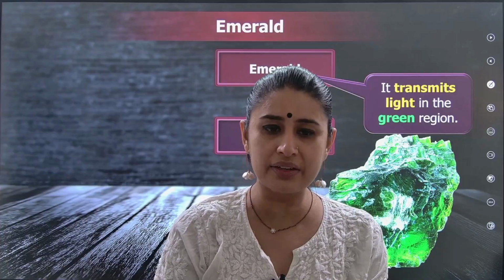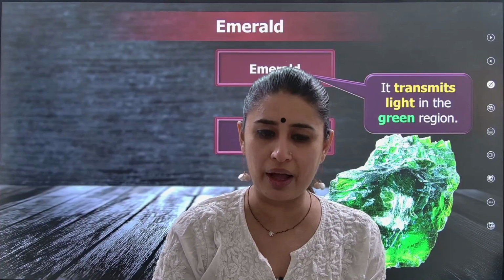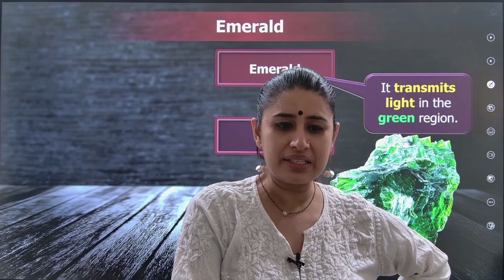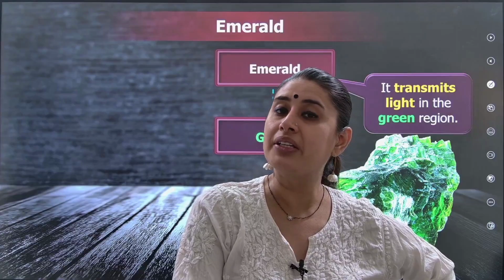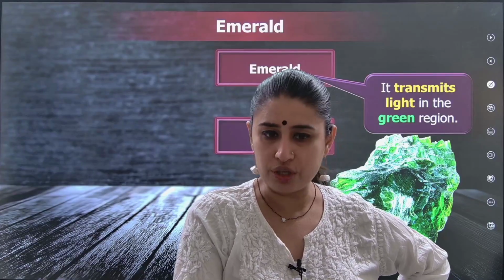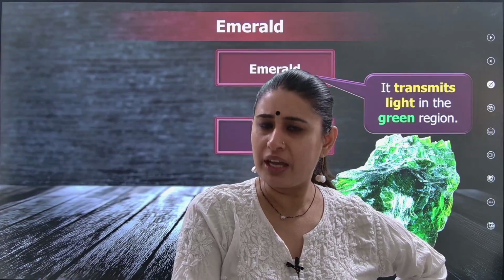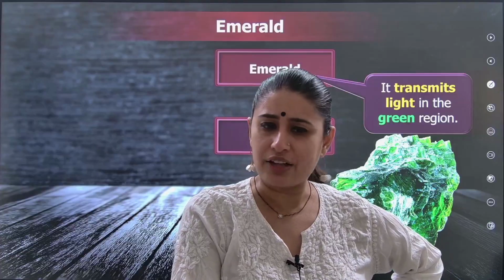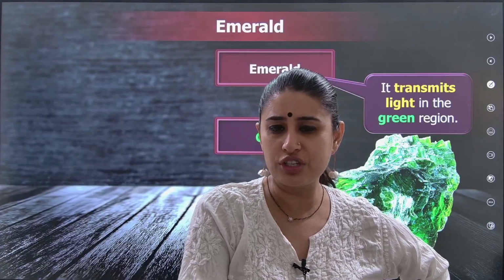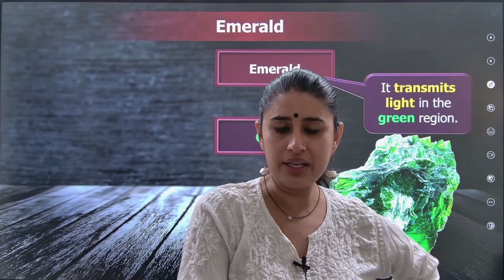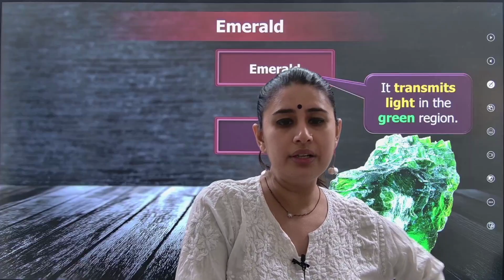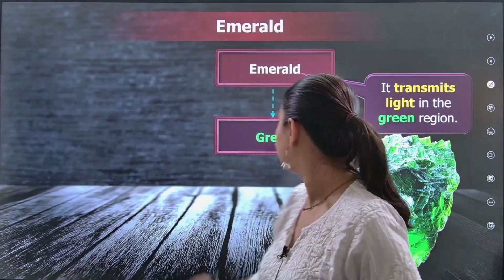So again, the reason is the same as what you have seen. These are the ones that I have directly picked up from your NCERT if you check. So beryllium aluminium silicates actually are emeralds if you check there in your NCERT. It's also called the mineral beryl.